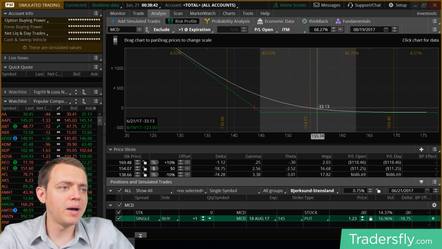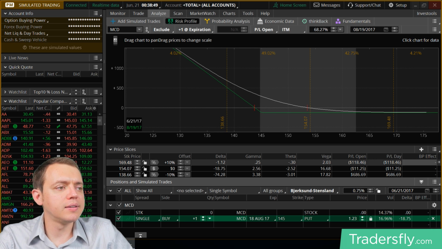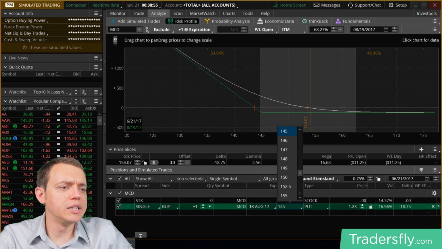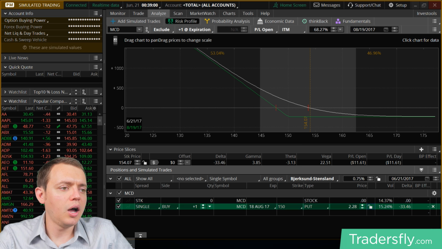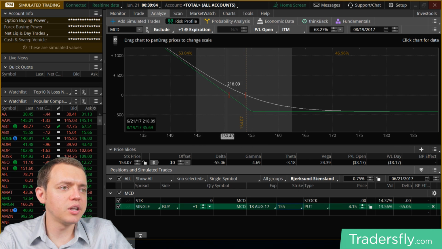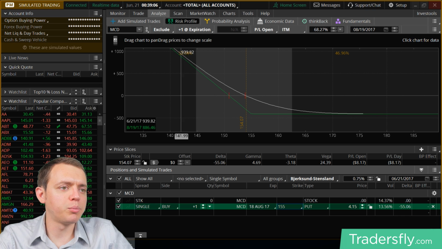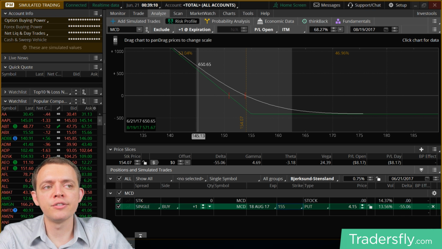And as I move my mouse, you can see there's my profit, and if I move it down, there's my loss. What I can also do is move this to 150, which is a little bit closer. I can move it to even 155, which gives me a little bit more acceleration there on the profit potential. So that way, if it goes to 145, I make $650.